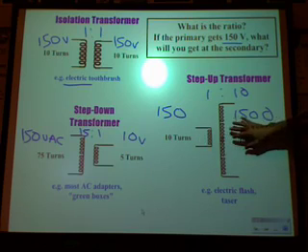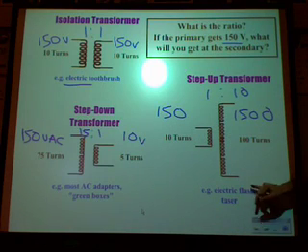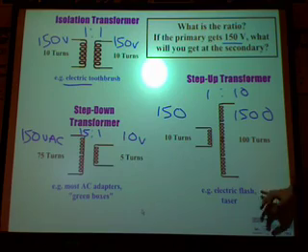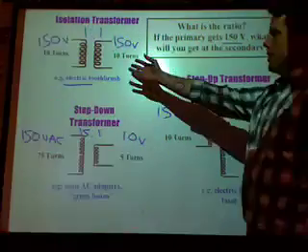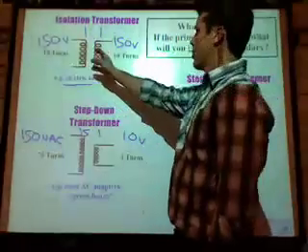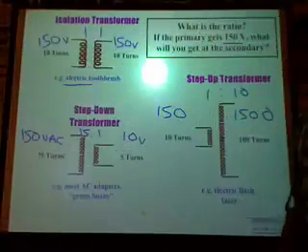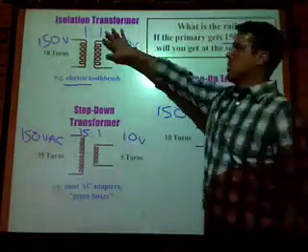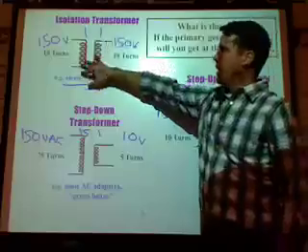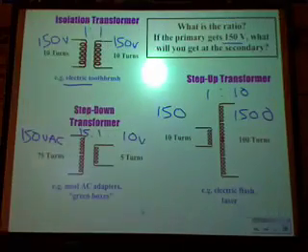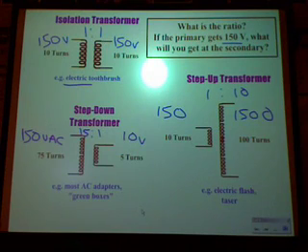We can increase the voltage here. Example would be a flash in a camera or a taser. And the isolation transformer: the number of turns in the primary and secondary coils are the same. This allows us to separate the two electrically, and whatever we put in is what we get out.